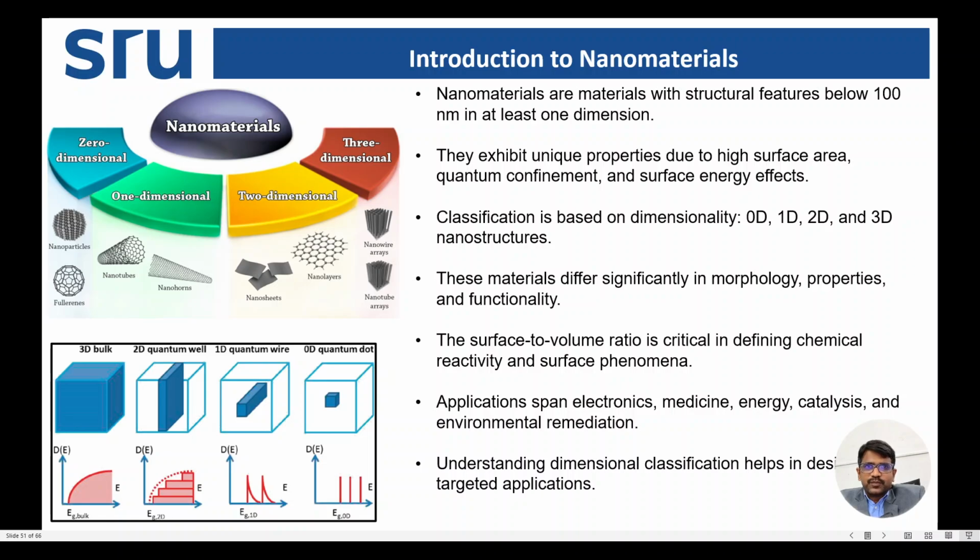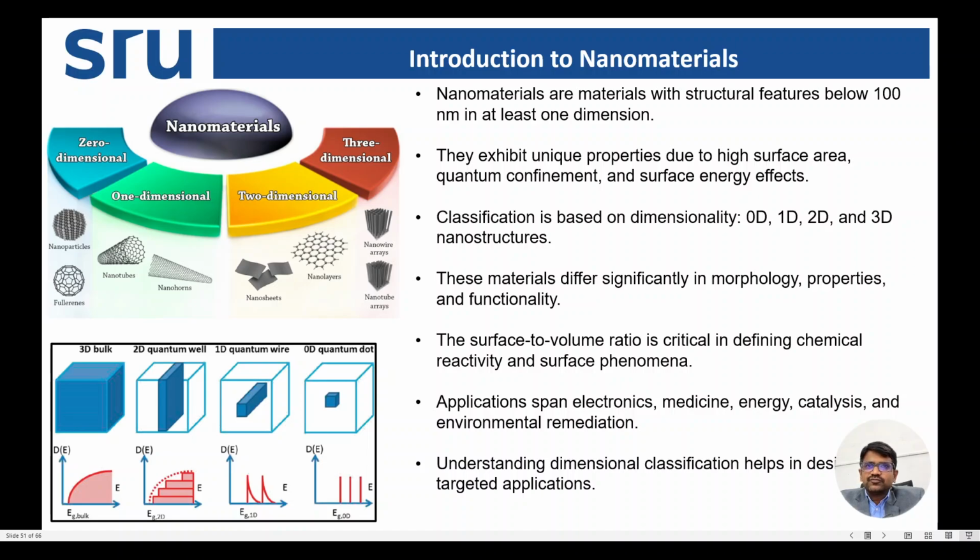We have already seen that nanomaterials can be used for different applications in different areas, right? For energy applications, environmental applications, and electronic display applications. So there are different applications for nanomaterials in many fields.